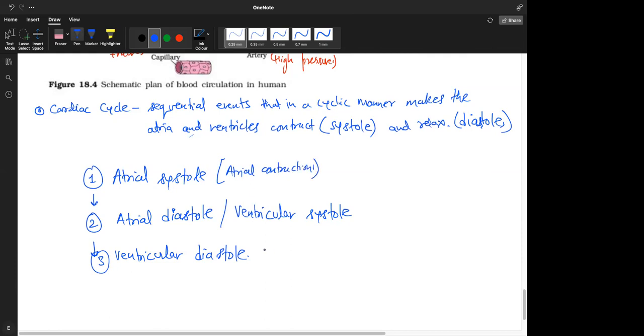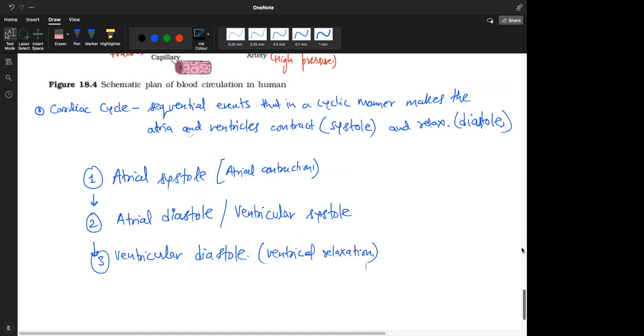Atrial contraction. Here it's ventricle relaxation. The rest you can understand, right? So there are two sounds, and we often call it lub and dub. Lub dub, lub dub. It's not dhak dhak or dhuk dhuk. It's lub dub.